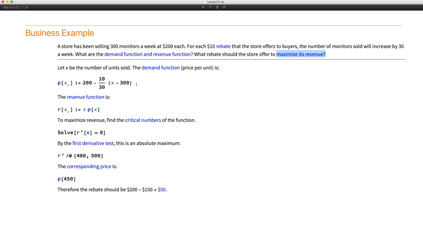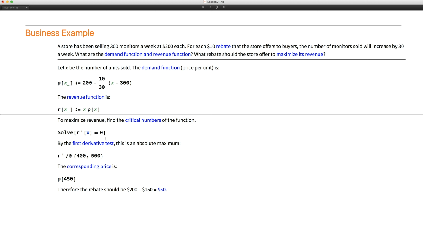So demand function is just a price per unit. So that's given over here. You have the base price 200 minus the discount that customers get depending upon how many monitors are sold. The revenue function is just the total revenue. That's the number of items times the price per item.